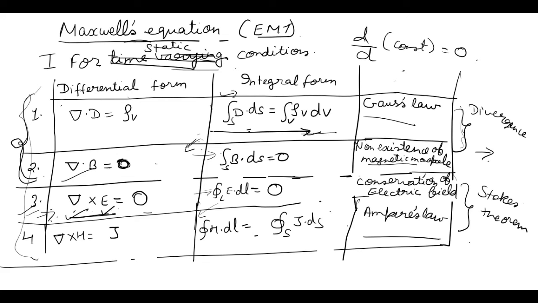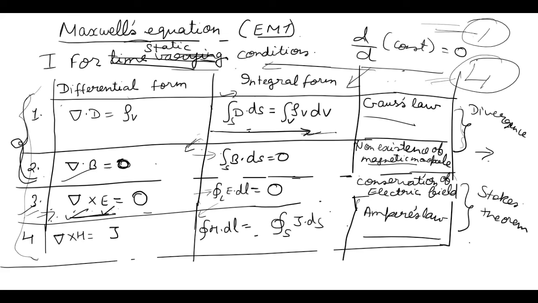So you can see that by using the four Maxwell equations for time varying, you can derive the other four equations in integral form and then for static conditions also. This single topic covers a lot in EMT, and now we are going to solve few questions on this.